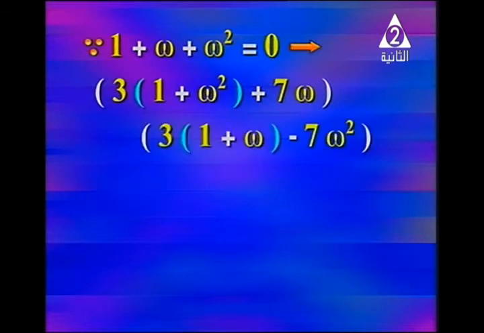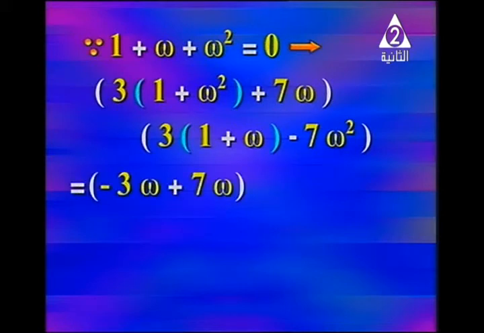Then what do you deduce? 3 times (1 + ω²) inside the bracket plus 7ω, multiplied by 3 times (1 + ω) minus 7ω², equals what? -3ω + 7ω multiplied by -3ω² - 7ω².